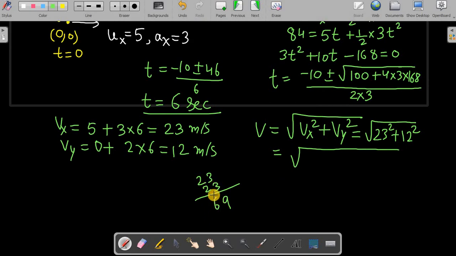So 23 square is 529. 529 plus 144, so this becomes 673. Now what is the root of 673?